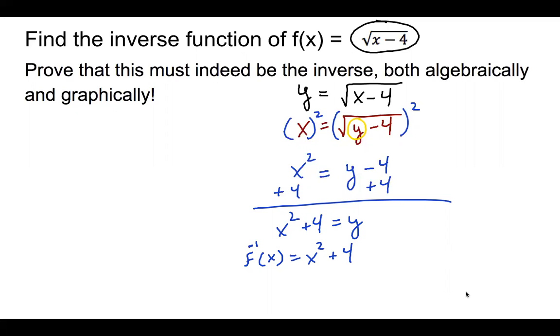So now we have not only the original f of x, which is the square root of x minus 4, we have its inverse function, which is x squared plus 4. So let's remember that, okay? f of x is the square root of x minus 4, and the inverse function is x squared plus 4. So let's pop this into Desmos and see what it looks like from a graphical perspective.